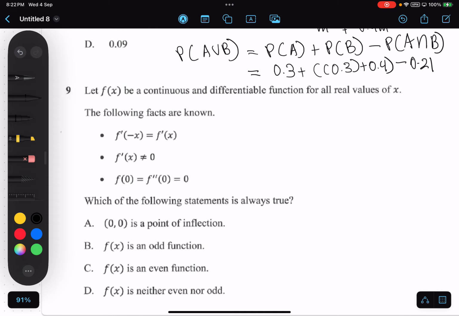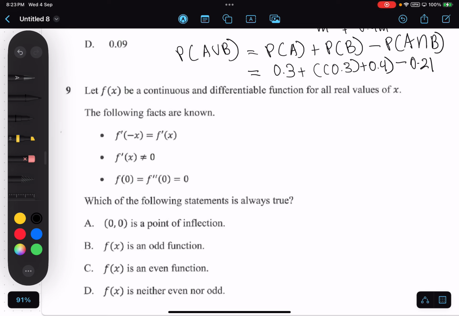It says, let f of x be a continuous and differentiable function for all real values of x. The following facts are known. F dash of minus x equals f dash of x. F dash of x is not equal to 0.